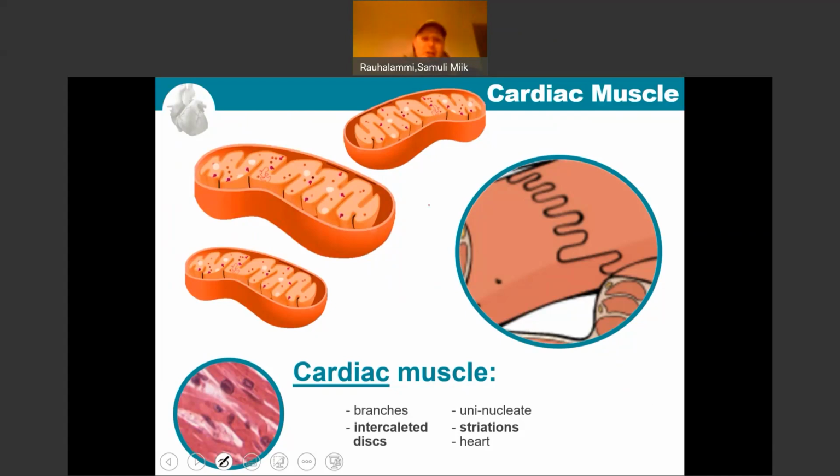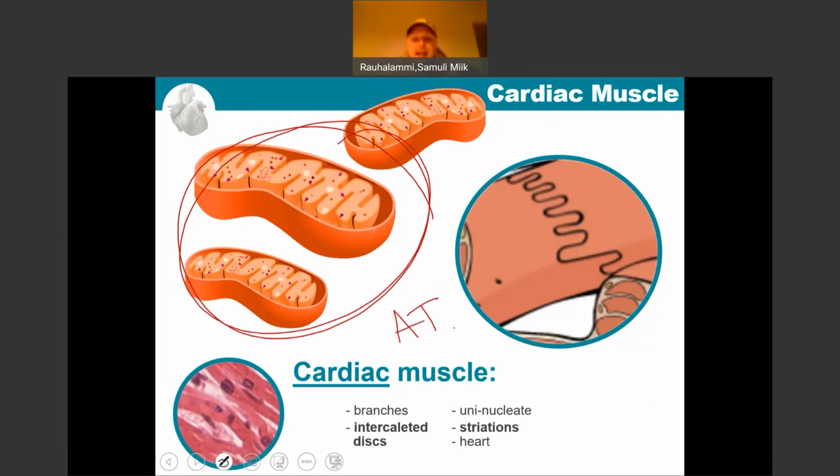But these mitochondria serve an important purpose. They serve a purpose of making ATP within the cell, and in this case, within the cardiac muscle cell.